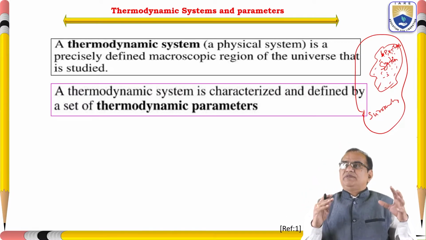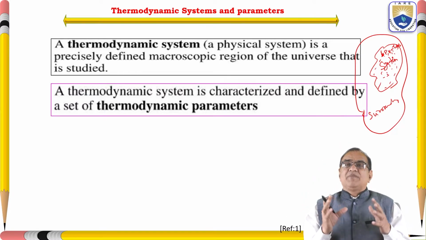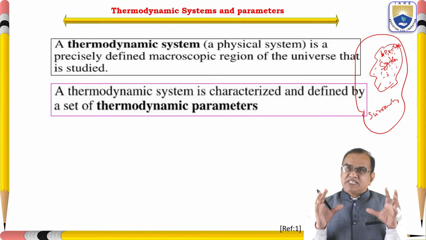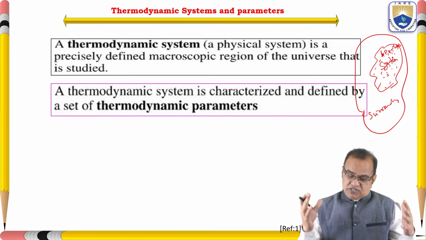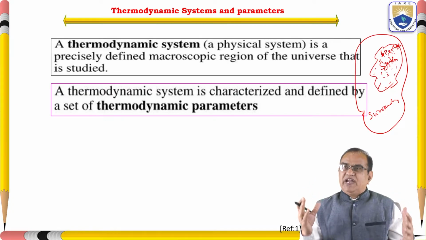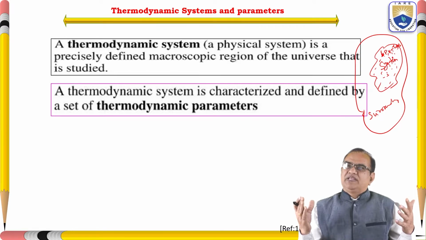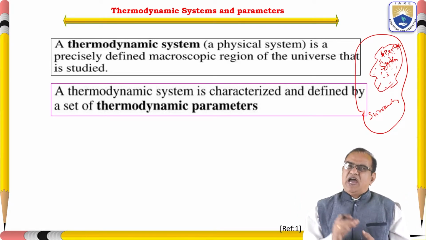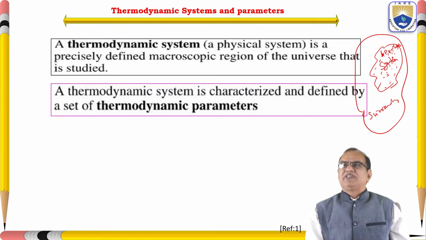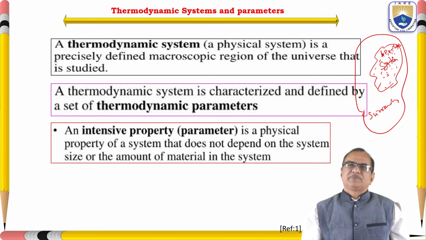Every system will be defined by some thermodynamic properties. These properties are parameters like pressure, temperature, velocity, volume, entropy, internal energy, and enthalpy. These are all the parameters a system should have.